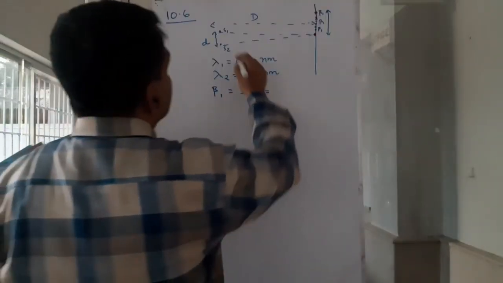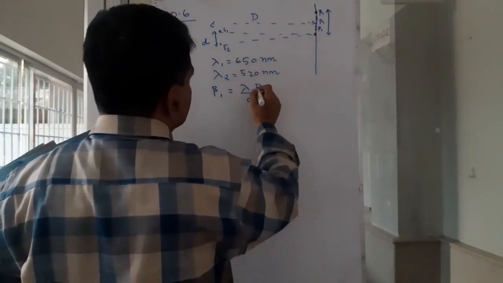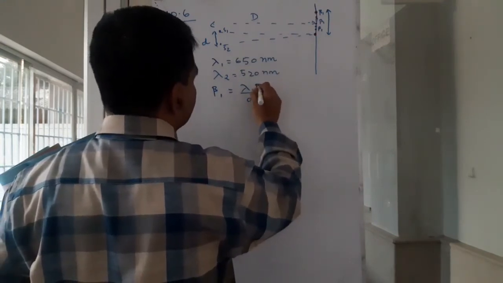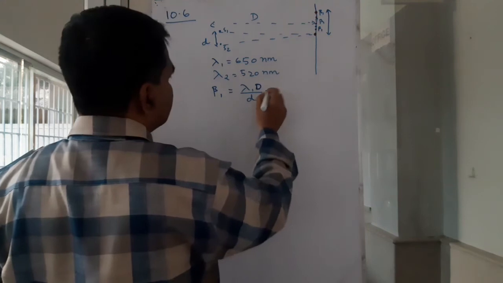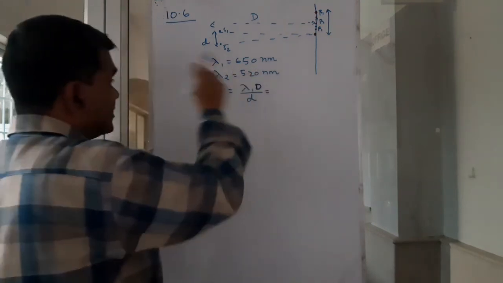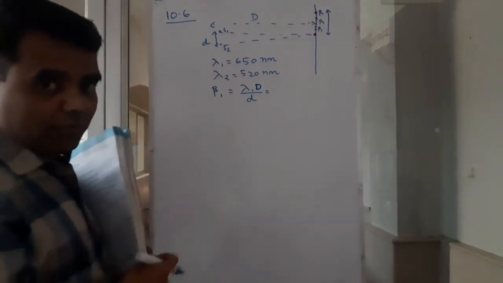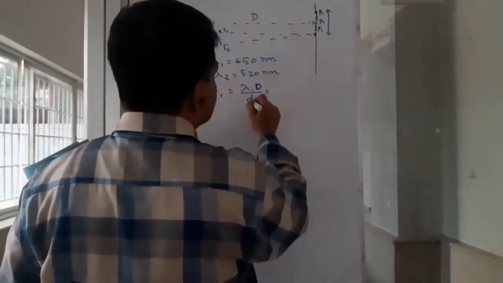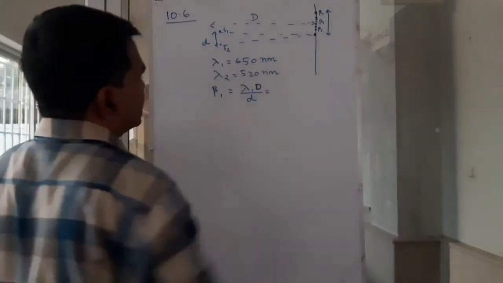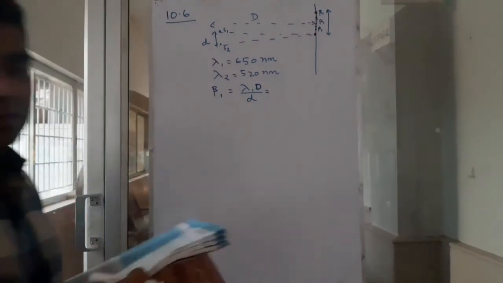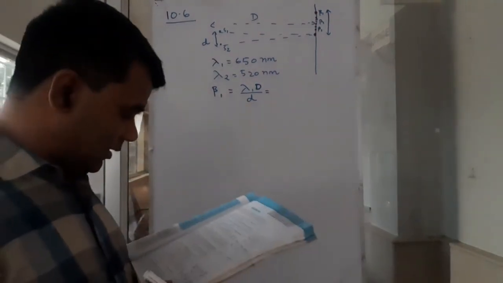First of all, this problem has not given you d and D. Only lambda 1 is given. So d and D have not been given, so you can't proceed. If d and D are given, you go and do this. But it's not given now. Can't do anything now.